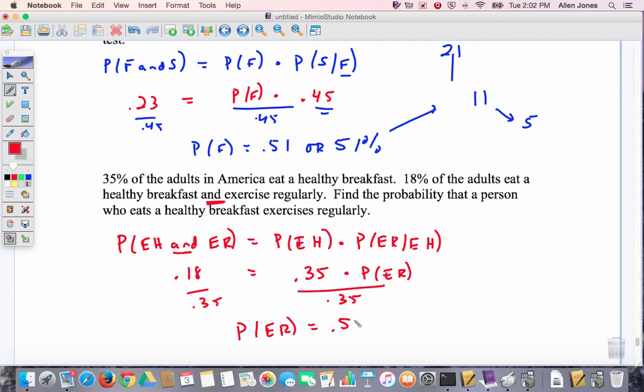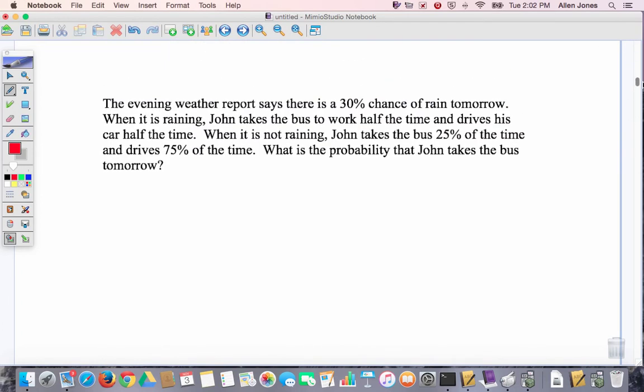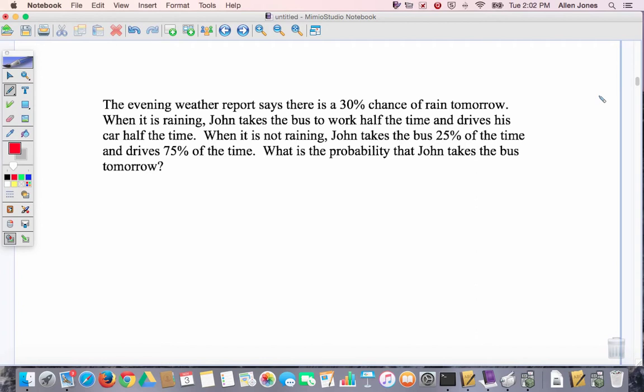So we'll divide by 0.35 to get the probability of exercising regularly by itself, and 0.18 divided by 0.35 again is about 0.51 or 51% exercise regularly, assuming they eat a healthy breakfast. Okay, so there's our multiplication rules. Let's go here to the top, look at a special situation or two.